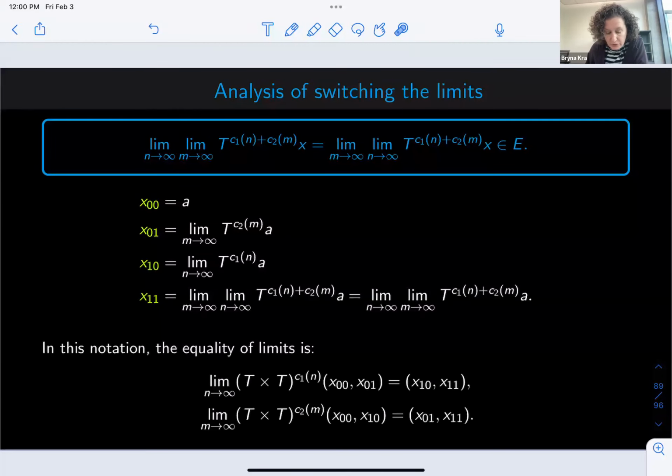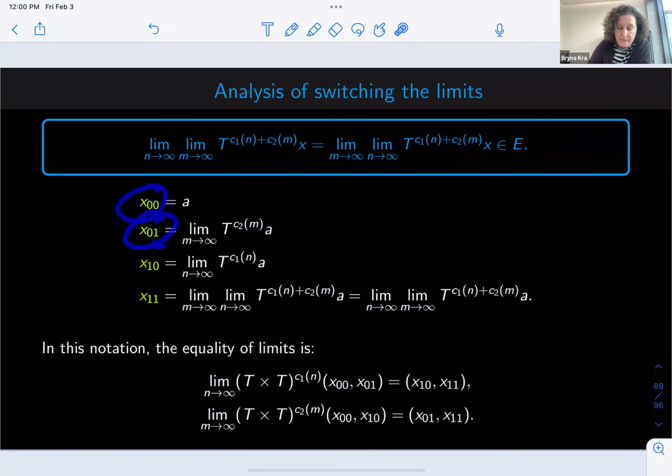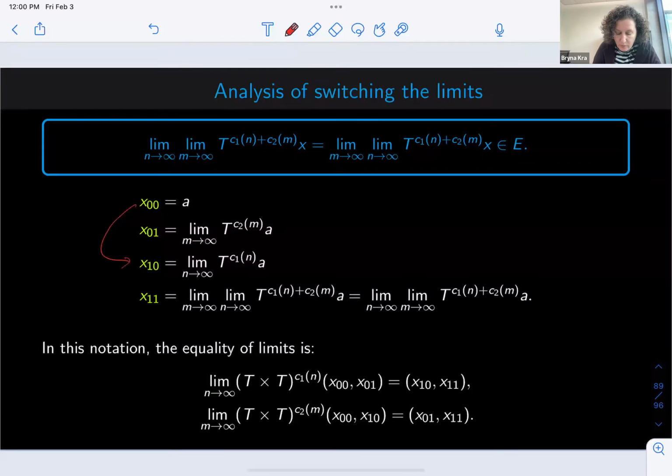And what I'm going to have to show in this notation that I've just introduced, the equality of the limits that's written right here, is that when you start iterating things simultaneously, which is the map T cross T on the product X cross X, these 2 points, X00, X01, should go to X10, X11, i.e. these 2 points, the first two, X00, this one will map to this one, while this one maps to that one.